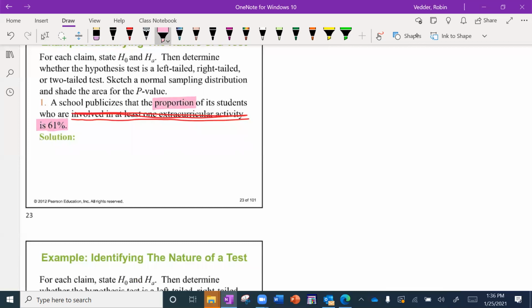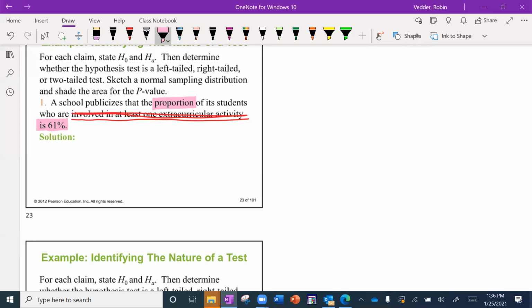Because it says "at least," it could make you think you're talking about greater than or equal to, but we're just talking about the proportion. We don't care how many extracurricular activities they're involved in. Does that make sense?